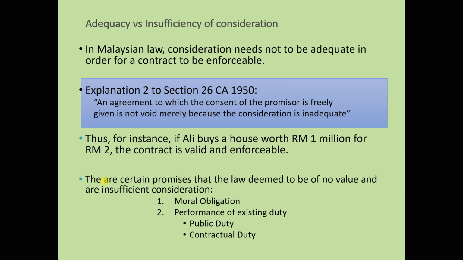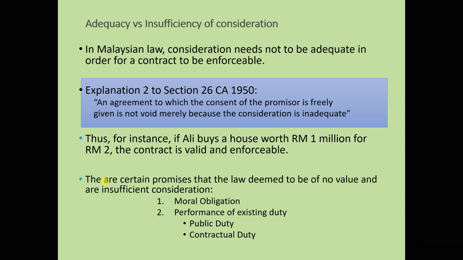Okay, or vice versa. Sometimes in auctions we can see that people bid for a particular item, for example 10 cents, which a lot of people say is insane, right? But it is sold for 1 million, which is ridiculous, right?